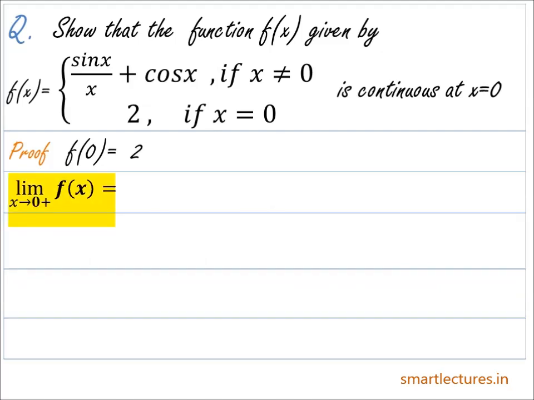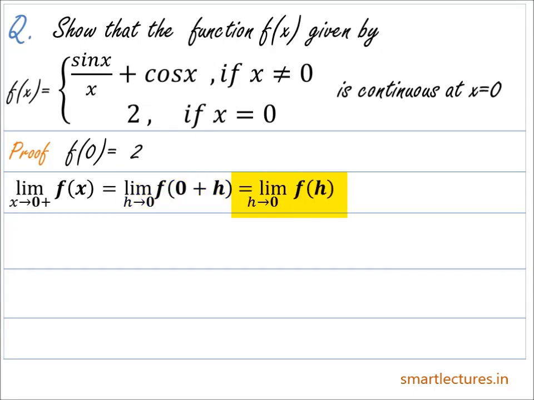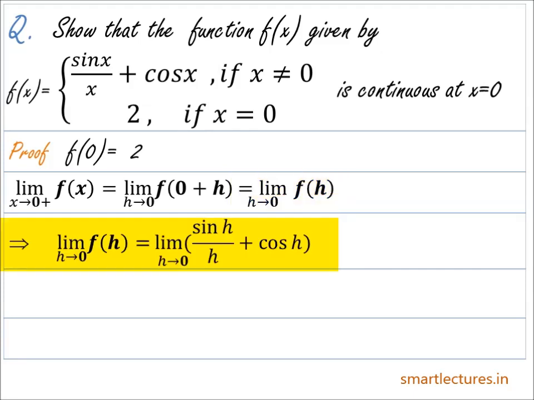And right hand limit at x equal to 0 is equal to limit x approaches 0 from the right hand side f of x, and in place of x we can again write 0 plus h, and when x approaches 0, then h will approach 0. So now this limit becomes limit h approaches 0 f of 0 plus h, which is equal to limit h approaches 0 f of h, and f of h is equal to sine of h upon h plus cos of h.